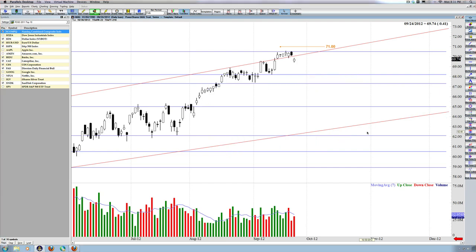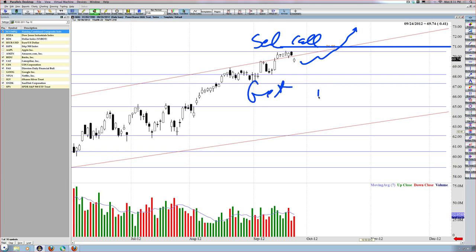Okay, great question. What if you sell this $71 call? Okay, so you sell the call, the Qs go up, and you think to yourself, I don't want to get called out of this stock. How could you get rid of your call? Do the opposite. What did you do to open it?